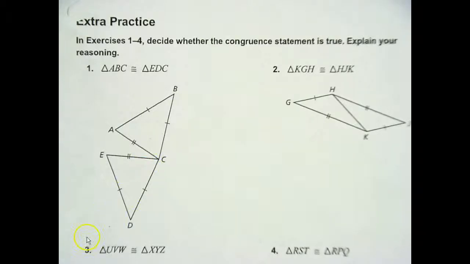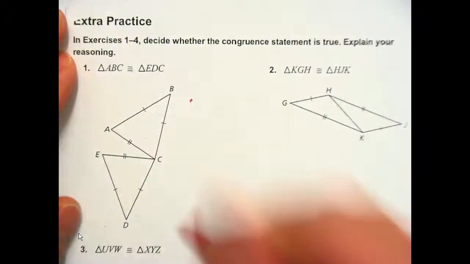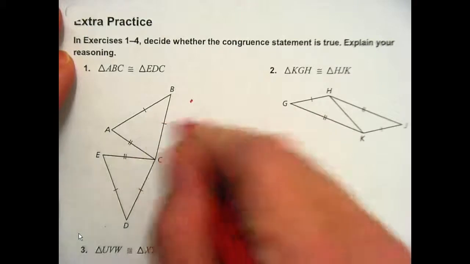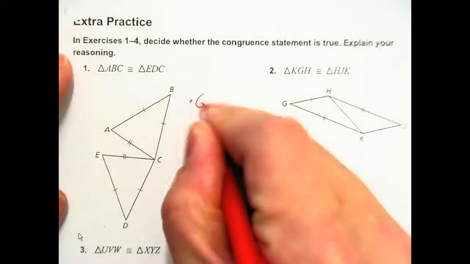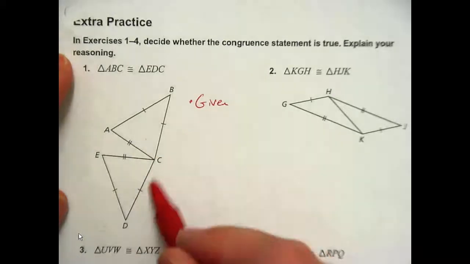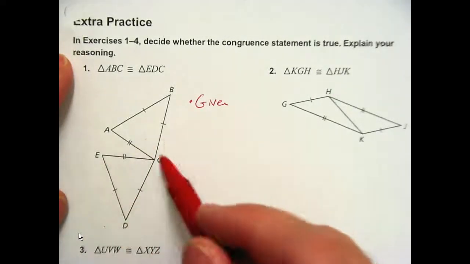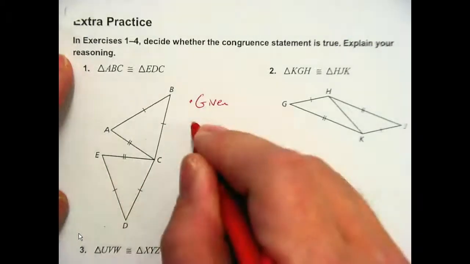Work together. On number 1, ABC congruent to EDC, how many say true? How many say false? What are the reasons? First reason. No, can't say side, side, side until we say, Sam? We have the givens. The markings here show AB to ED and BC to DC. And then, what's the next one? AC to EC.